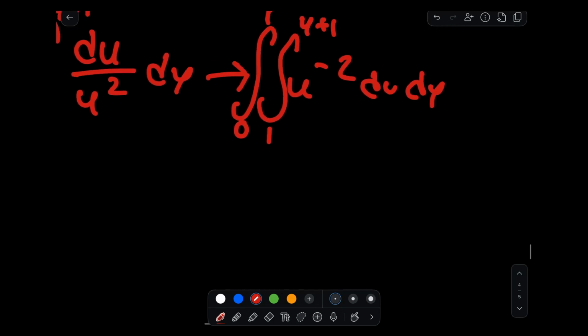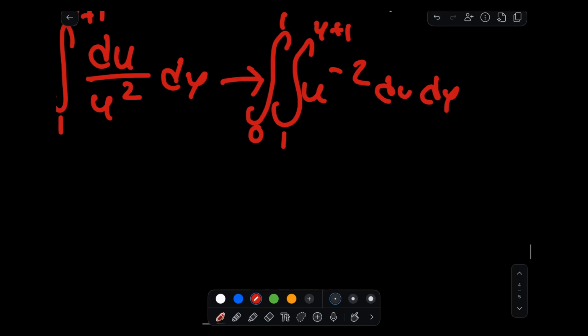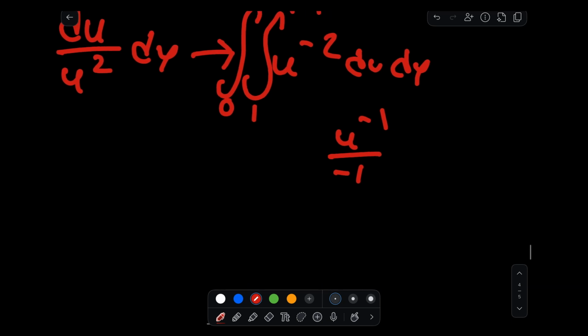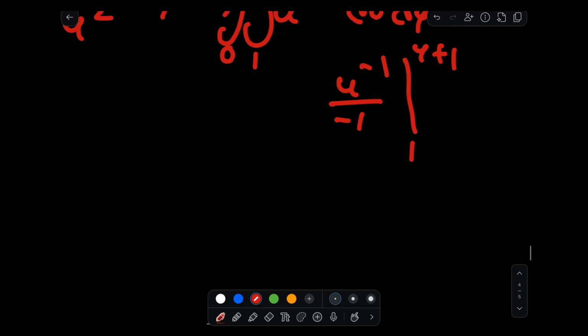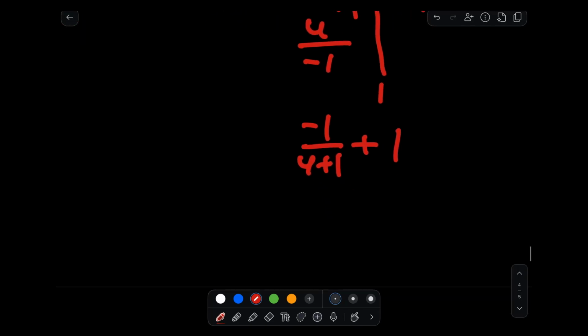And then you would get the reverse power rule, which we know, which is just going to be u to the negative 1 over negative 1 from 1 to y plus 1. So then we're going to get negative 1 over y plus 1 plus 1 to get our new integral from 0 to 1 dy.